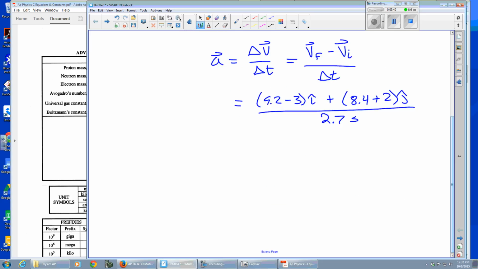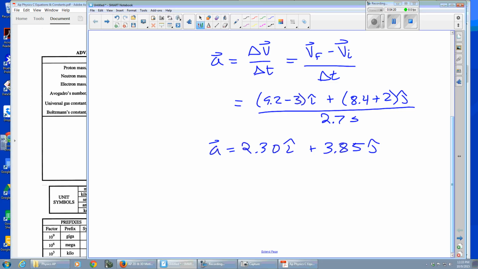So I get 9.2 minus 3 divided by 2.7. I get vector a is 2.30i, and I can do each part separately, plus 3.85j. That's my acceleration vector.